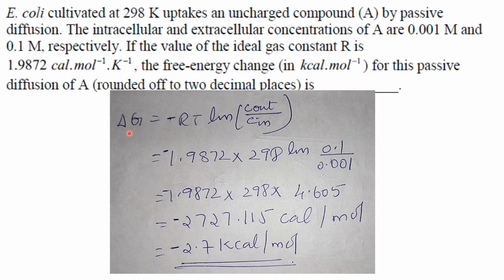So the delta G for passive diffusion is given by minus RT ln C out by C in. C out is 0.1 and C in is the intracellular concentration, 0.001. Substitute the values, you will get minus 2727.115 calories per mole. They have asked in kilocalories per mole, so convert it, you will get minus 2.7 kilocalories per mole.